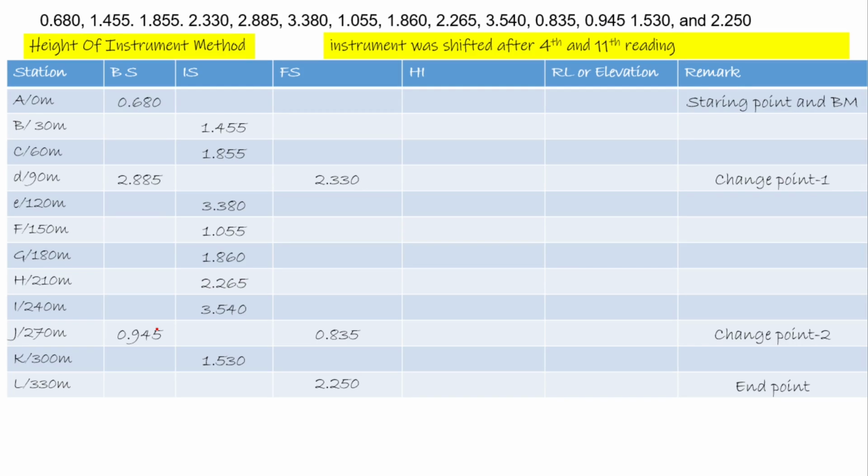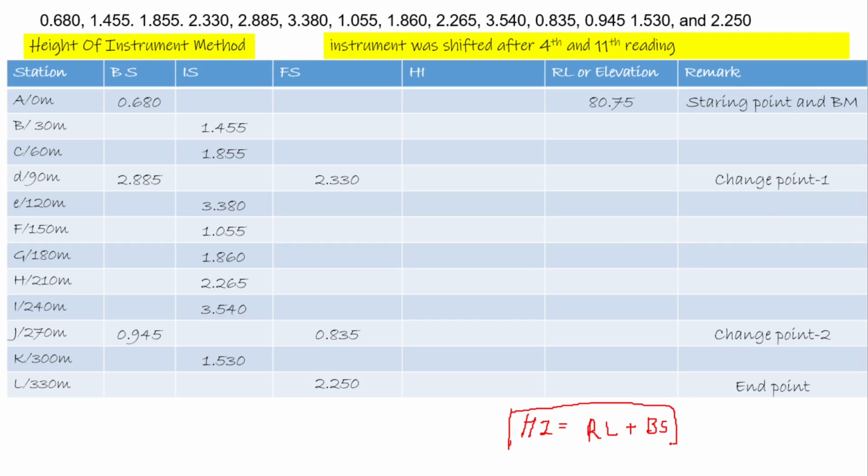And A's elevation is already known. So it is 80.75. Now we have to find out the HI. For this method, I am going to write two formulas. First of all, HI is equal to RL plus backside.